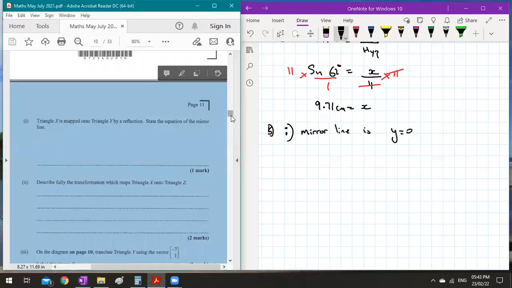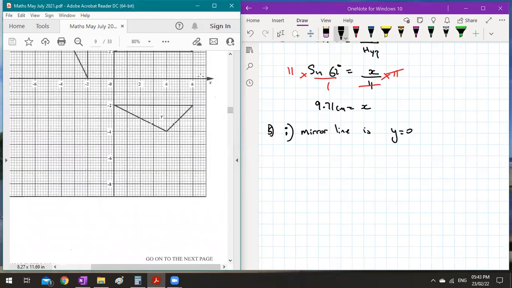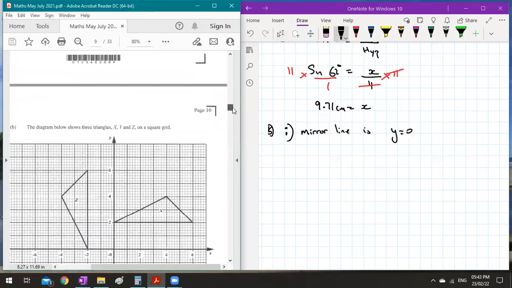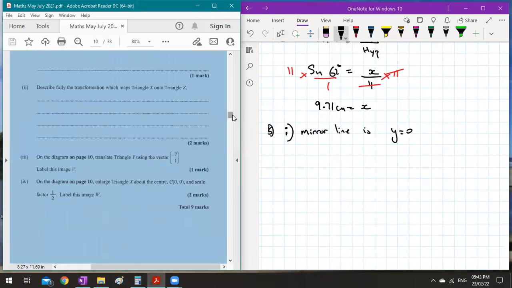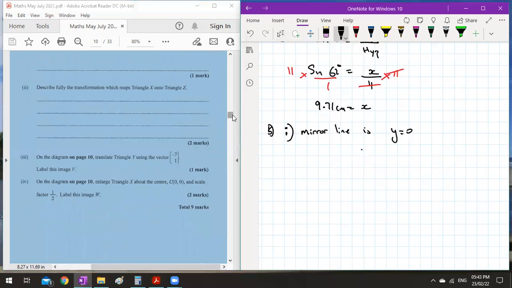Because on this line, y, which is the vertical line, is always 0. Or we could say the mirror line is the x-axis, which is the same as saying y is equal to 0.